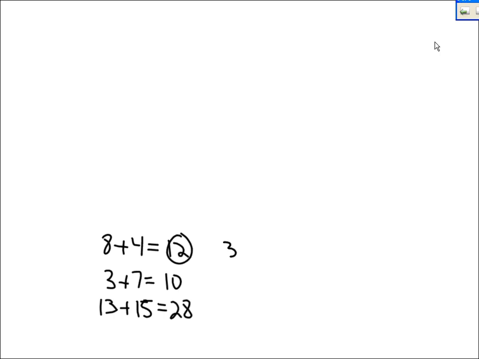No, that's not true. 3 plus 7, how about 8? 3 plus 8 is 11. 11's not even. But all day long, I can come up with examples. That's not enough. It's not enough where you show me a million examples where I add 2 numbers and I get an even number.